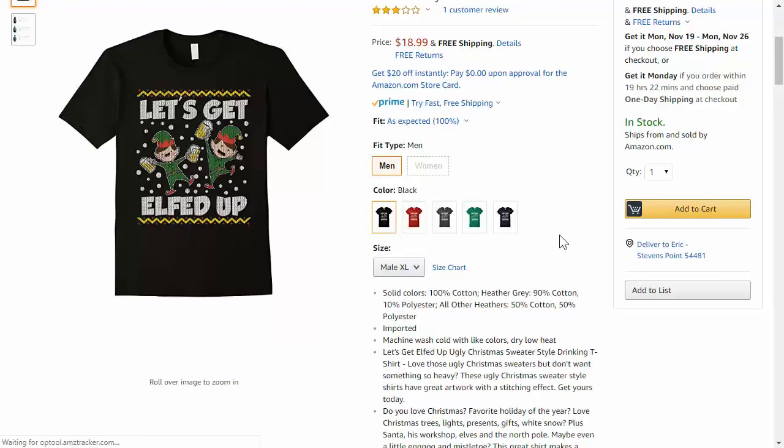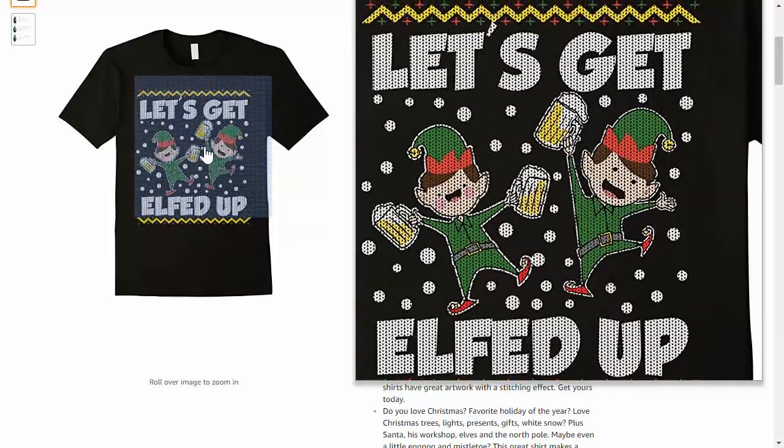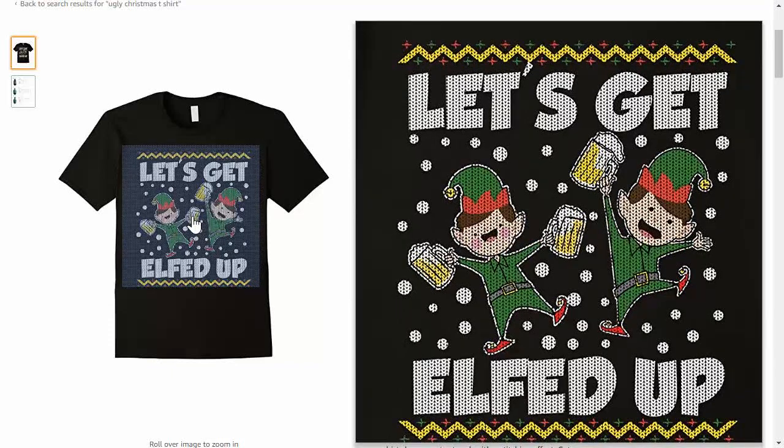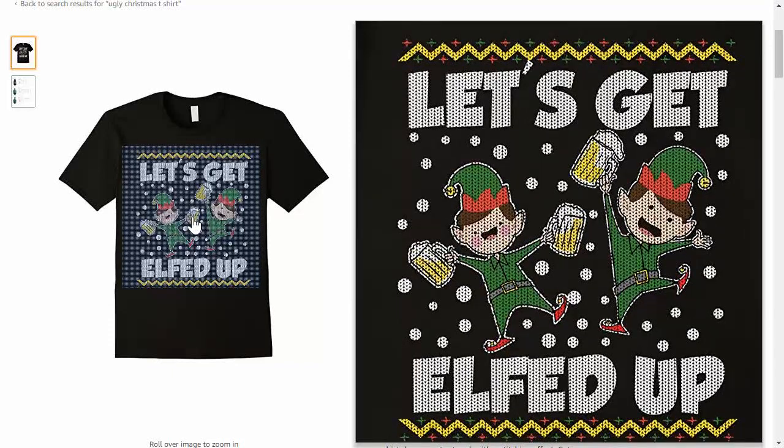Just fill up all your tiers, all your slots on Merch by Amazon with these types of shirts. All right, so I know this is a t-shirt, but the design actually looks like it's a knit. So it looks like it's a sweater. All right. So these are the types of designs you need to be creating right now for Christmas.